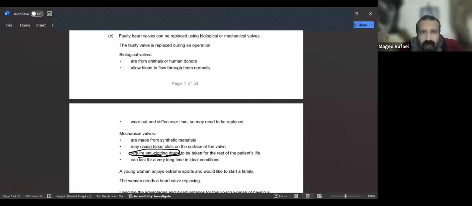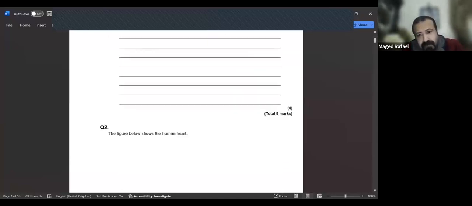And the problem here, because look, human donor. So we might need to wait for a human donor, and it's not that easy for heart valves. This is the idea of this question.